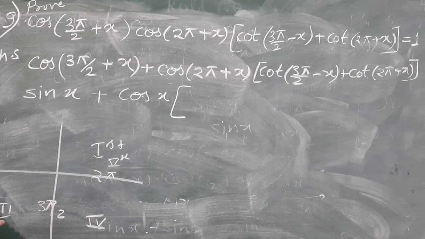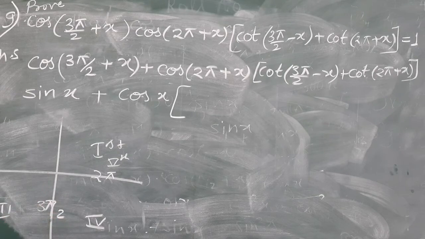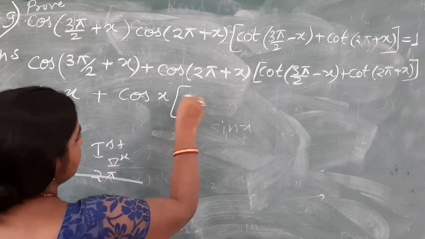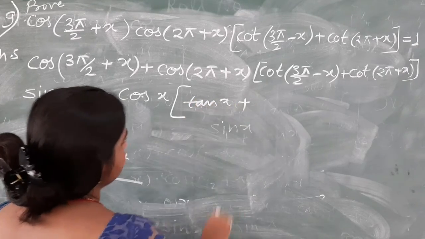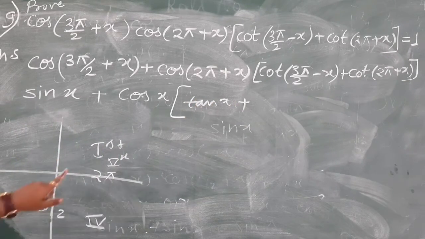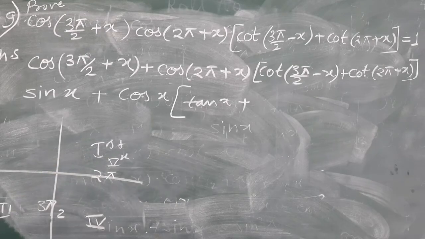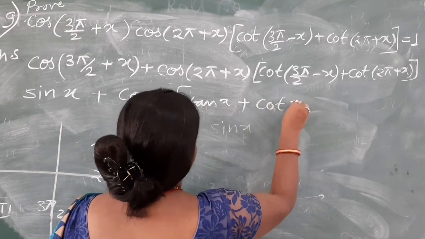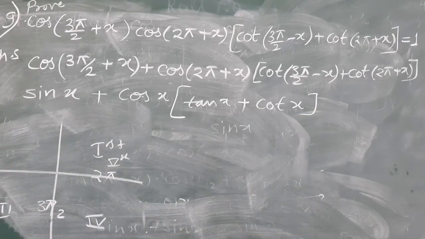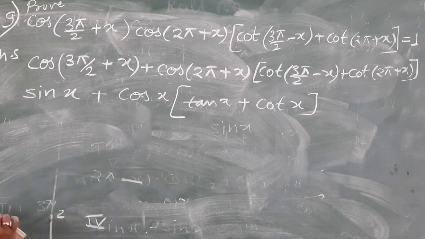In the third quadrant, cot is positive and 3 pi by 2 is a y-axis angle, so it will change, means tan x. Plus cot of (2 pi plus x), in the fifth or first quadrant, so cot x, all positive.